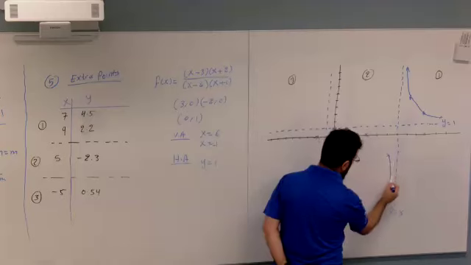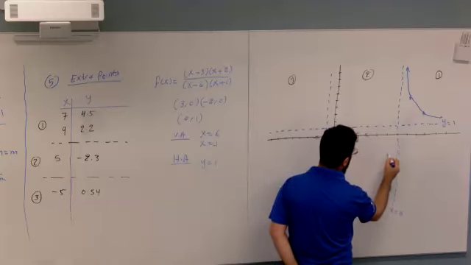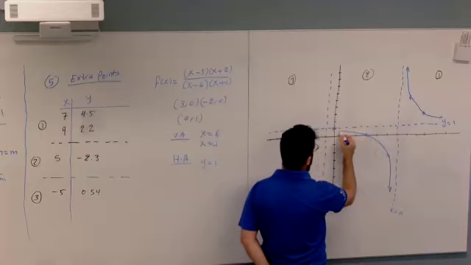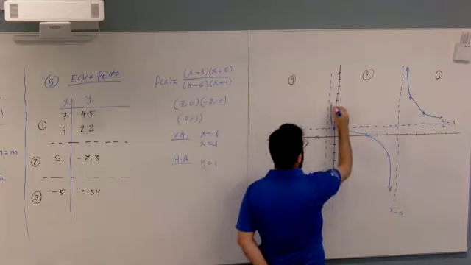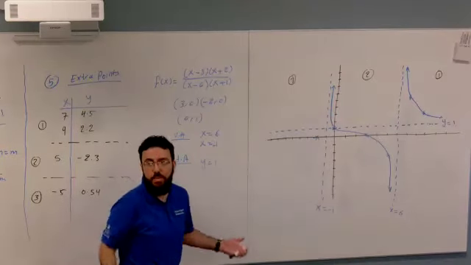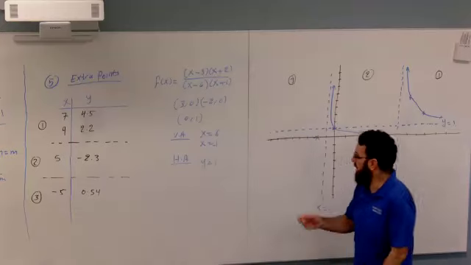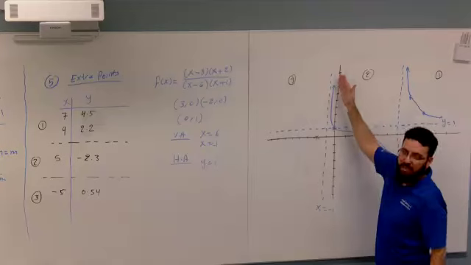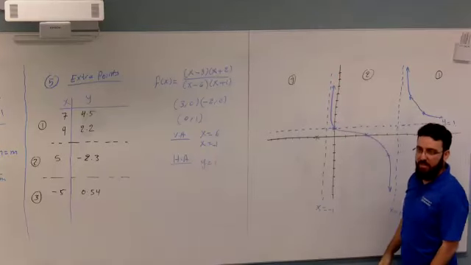So I know the graph here is going to go down, go to this point, and keep going up here. It's never going to cross the vertical asymptote. I don't have to care about this part here.